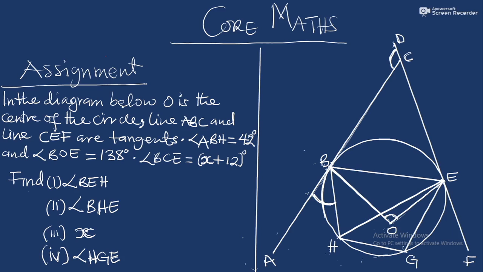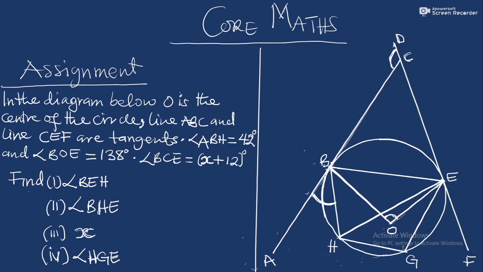In the diagram below, O is the center of the circle. Line ABC and line CEF are tangents. Angle ABH equals 42 degrees and angle BOE equals 138 degrees.